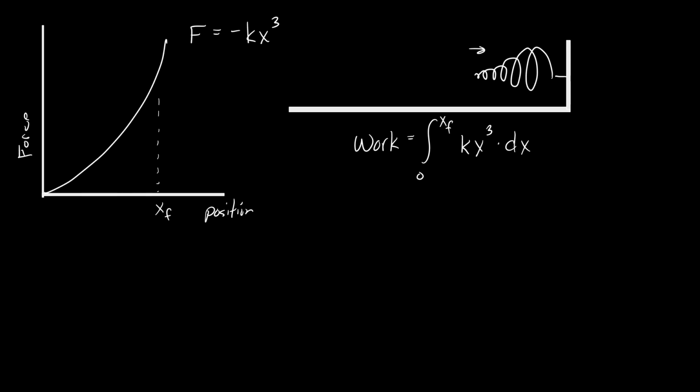The process is still the same. I'm going to find the antiderivative. I have a function that is based on position. I'm going to pull out the constant to make it easier. Step 1, find the antiderivative of my integrand. Well, that's x cubed. So the antiderivative requires I take the 3 and add 1 to it, and then divide by the new exponent. There, I have found the antiderivative.